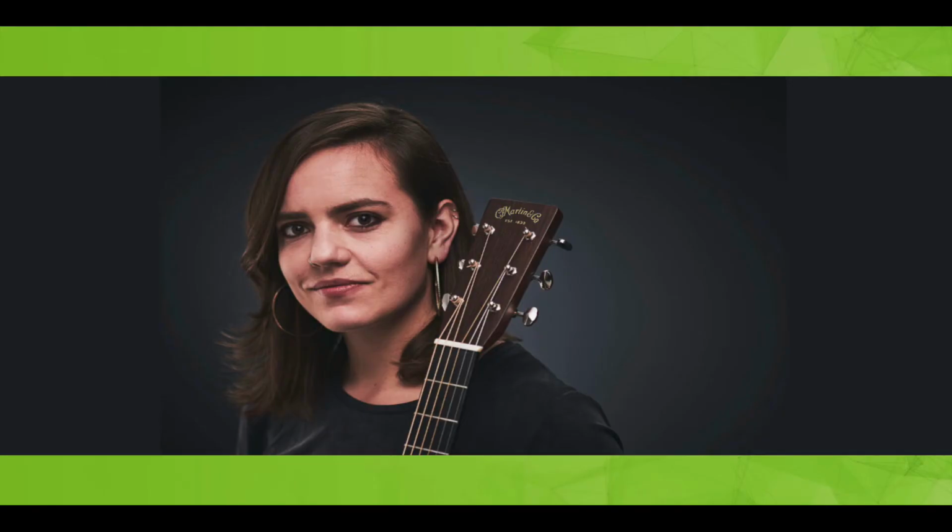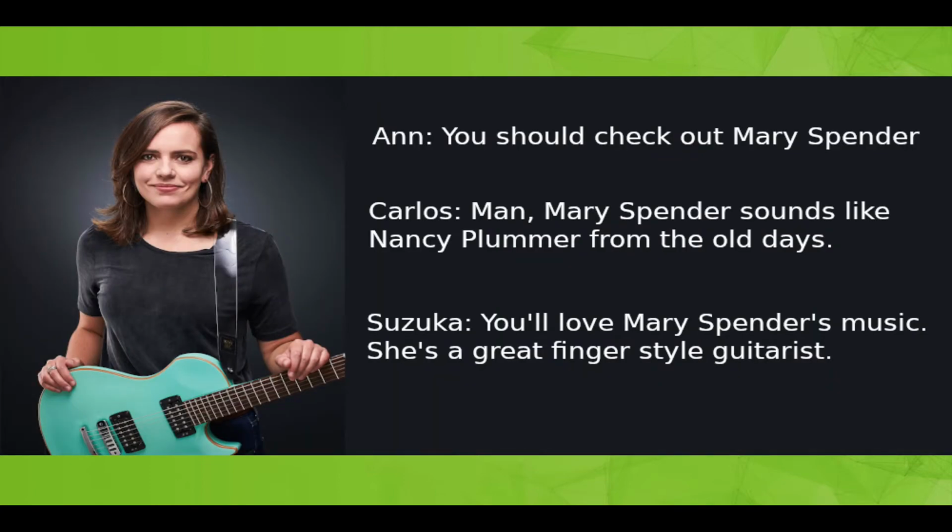And here's Mary Spender, and one of your friends said, I know what music you like, and I think you'll really like the music of Mary Spender. Maybe, but you're not absolutely sure, and you probably wouldn't go out and listen to her. But if a bunch of independent people who don't know one another independently told you that you'd really like this Mary Spender person, your confidence would grow, right?